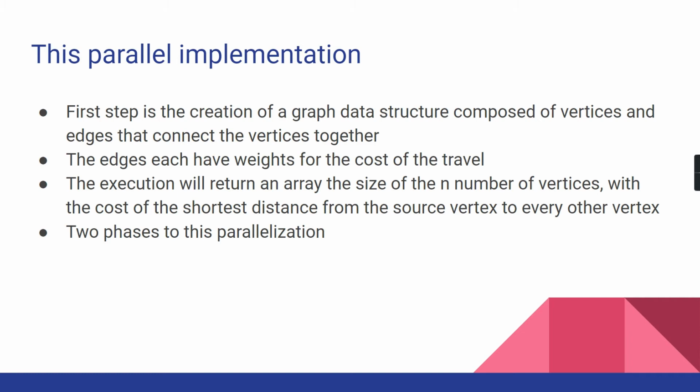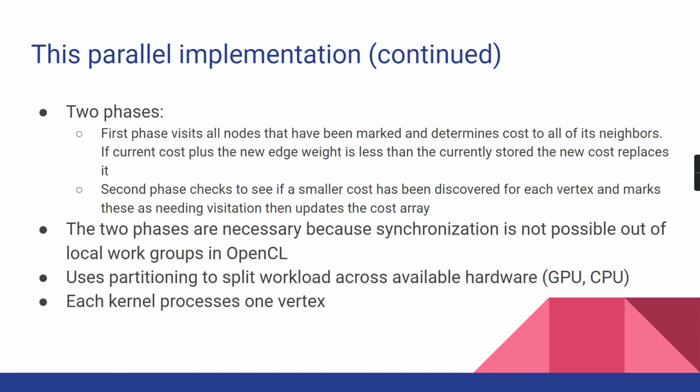There are two phases in this parallelization algorithm. The first phase is going to visit all of the nodes that have been marked and determine the cost to visit all of its neighbors. And if the cost on that node plus the new edge weight is less than what it currently is for that neighbor, then it'll be replaced with the shortest one.